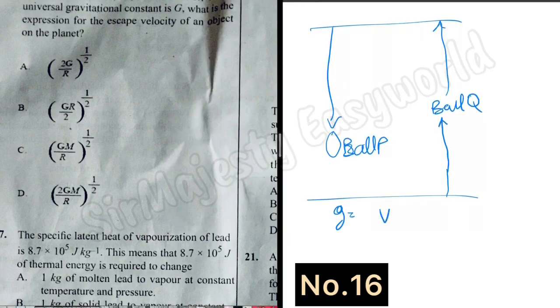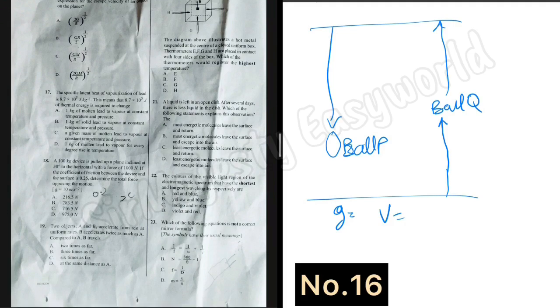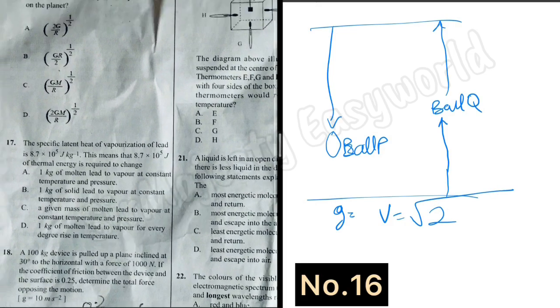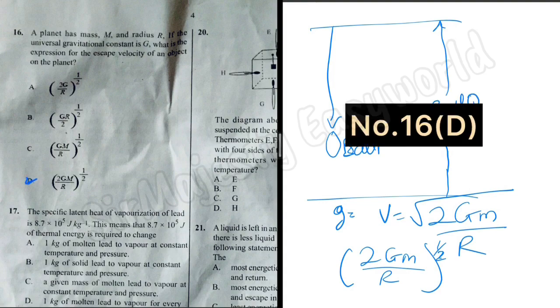So we know that v is equal to the root of 2GM over R. So when we relate this formula to this question, the only thing about this question is that the square root is just written in indices form, so you can as well write it like this: 2GM over R raised to power half, based on the law of indices. So the answer to this question should be D.